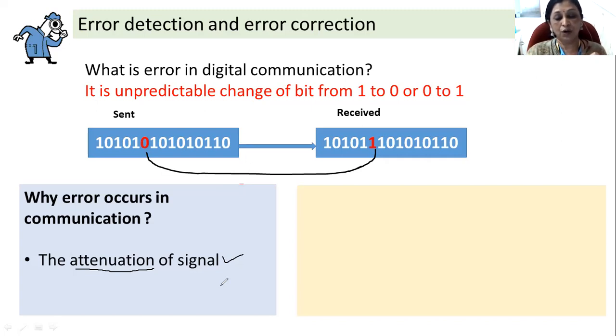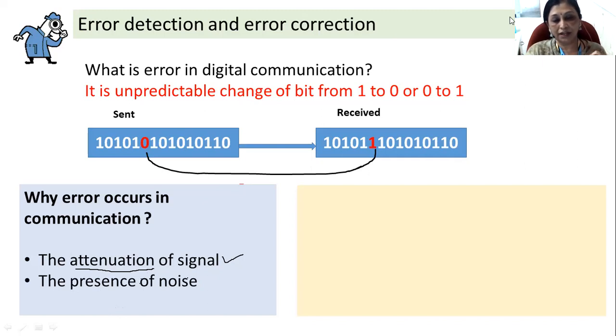Noises are the unwanted random signals which may be added through the channel to the information signal, and they may produce unwanted changes in the data stream. Okay, so this is the second reason for the occurrence of the error.